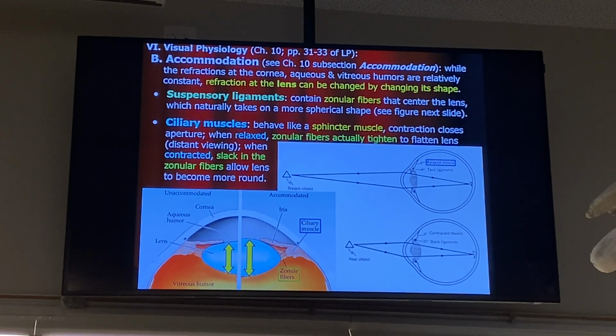You have a sphincter muscle, smooth muscle, called the ciliary muscle. It's connected to suspensory ligaments, so on one end of the suspensory ligaments is the ciliary muscle, on the other side is the equator of the lens, right on the equator.